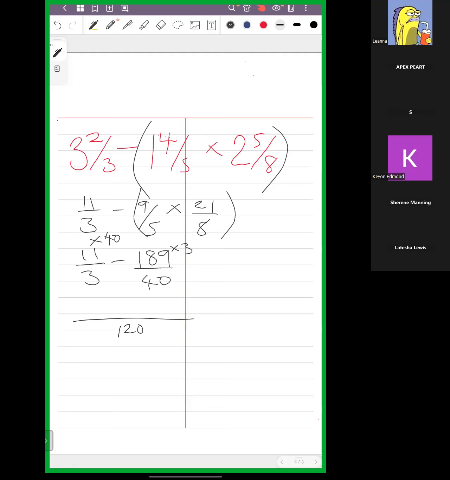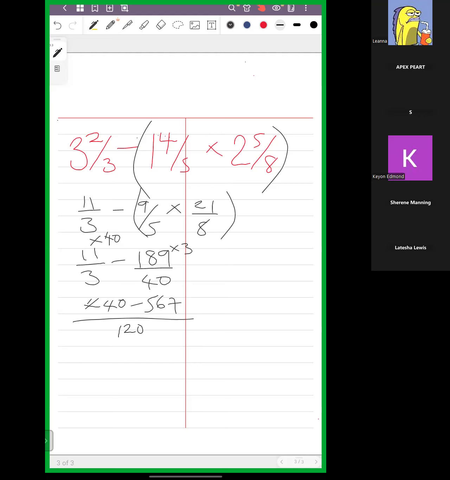Now, 11 times 40 is 440, and 3 multiplied by 189 is 567.